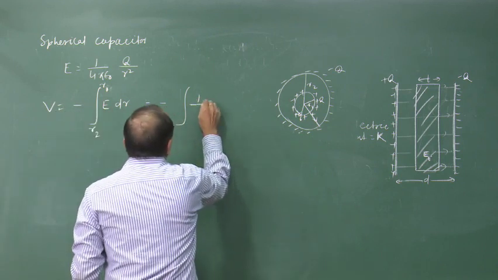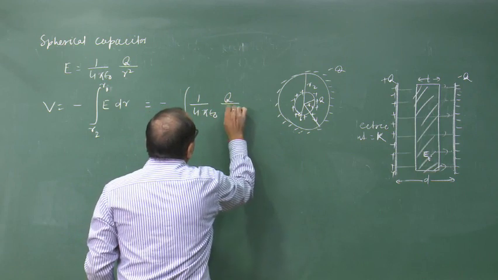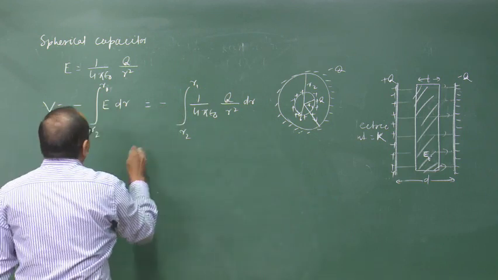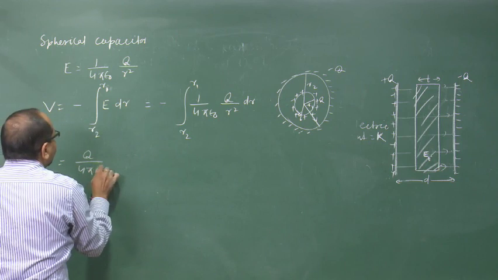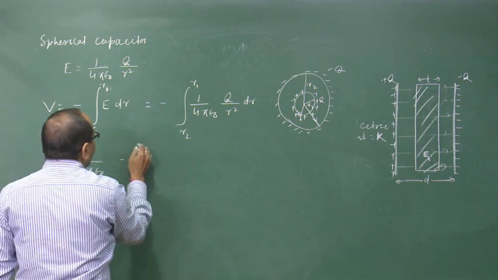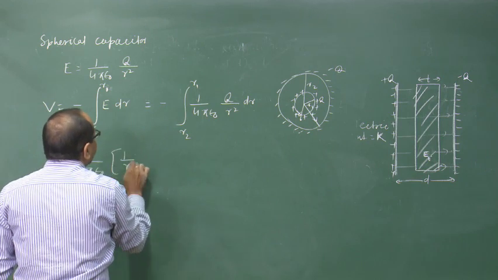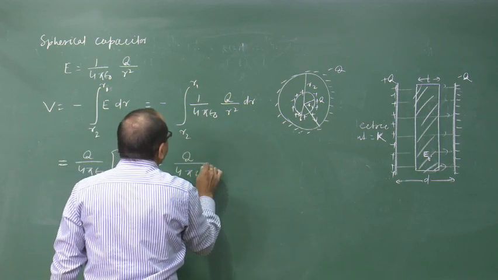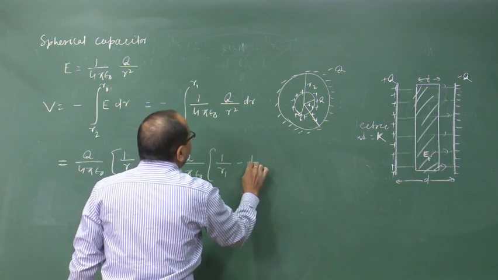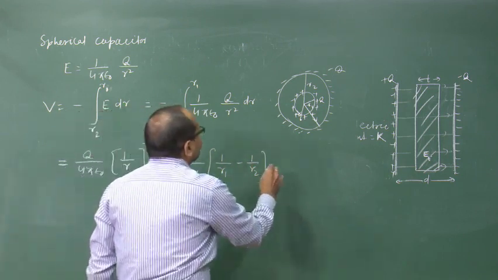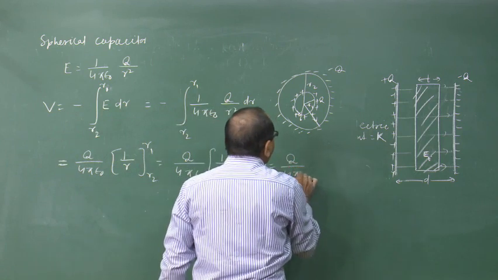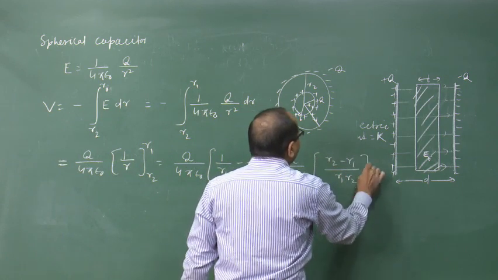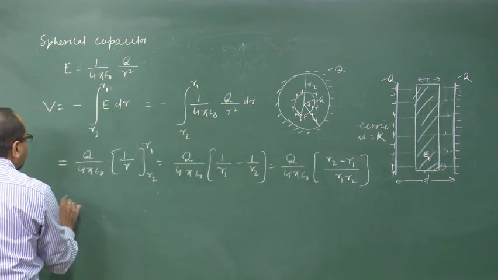Then it is equal to minus 1 by 4 pi epsilon naught q by r square dr integration from R2 to R1, is equal to q by 4 pi epsilon naught taken outside the integration, 1 by r square integration is minus 1 by r, minus minus this becomes plus 1 by r from R2 to R1, is equal to q by 4 pi epsilon naught into 1 by R1 minus 1 by R2, is equal to q by 4 pi epsilon naught into R2 minus R1 by R1 into R2.